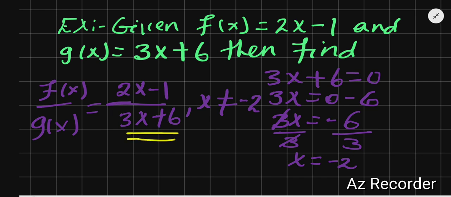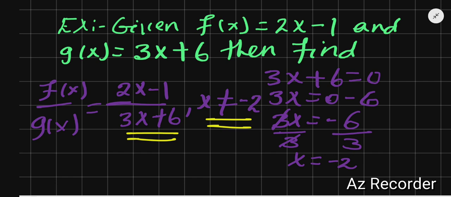This is the answer, but you should include this concept in the answer. Therefore, x different from minus 2, the restriction, should be written after your answer. Okay, therefore the quotient of functions is this one.